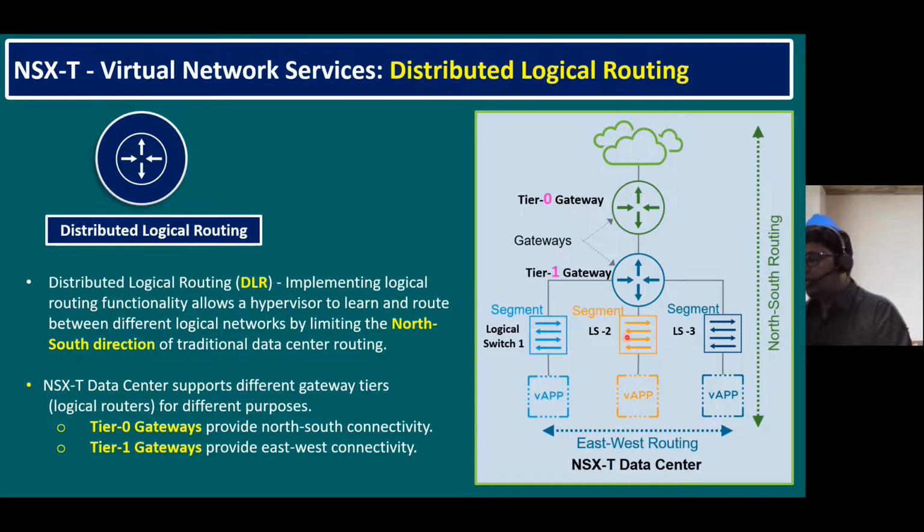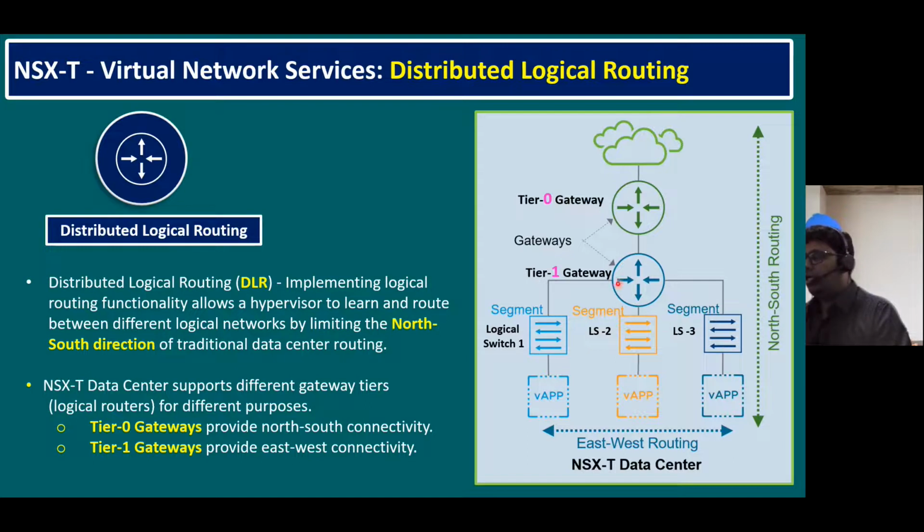If you want to communicate between your logical switches, within our intranet communication, that is called east-west routing. For east-west routing, it's clearly mentioned that tier 1 gateways provide east-west connectivity. So even in this diagram, see, the tier 1 gateway will provide communication between your logical segments, or between your logical switches, different virtual networks.